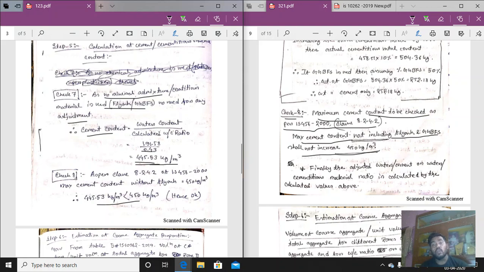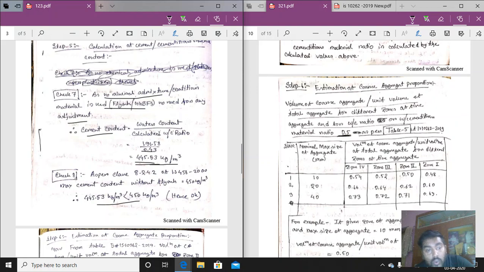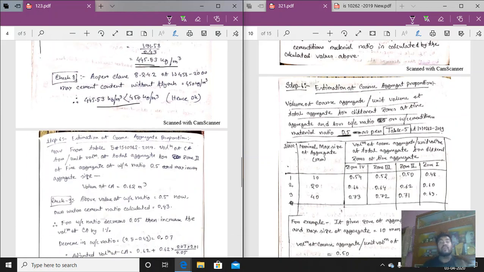Then we can proceed to step number 6, the estimation of the coarse aggregate. I think up to that all the steps are clear. If you have any question, please ask, because it is very important. Coming to step number 6, estimation of the coarse aggregate proportion. How to estimate it?